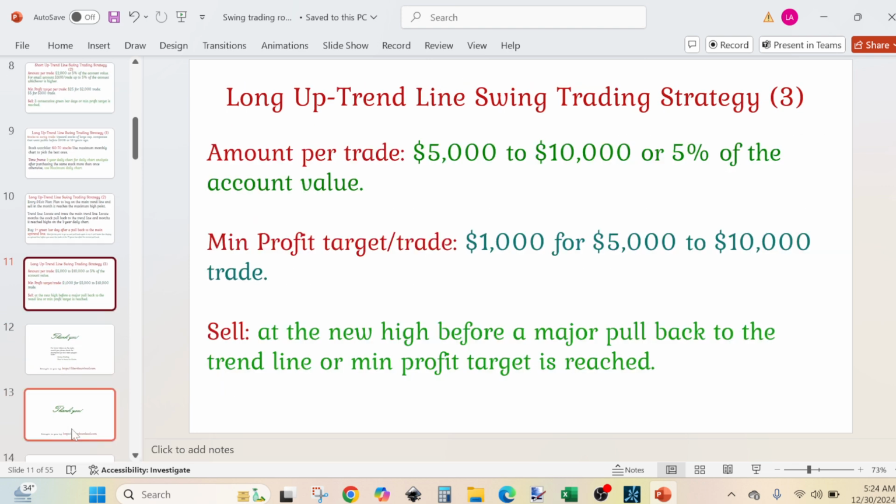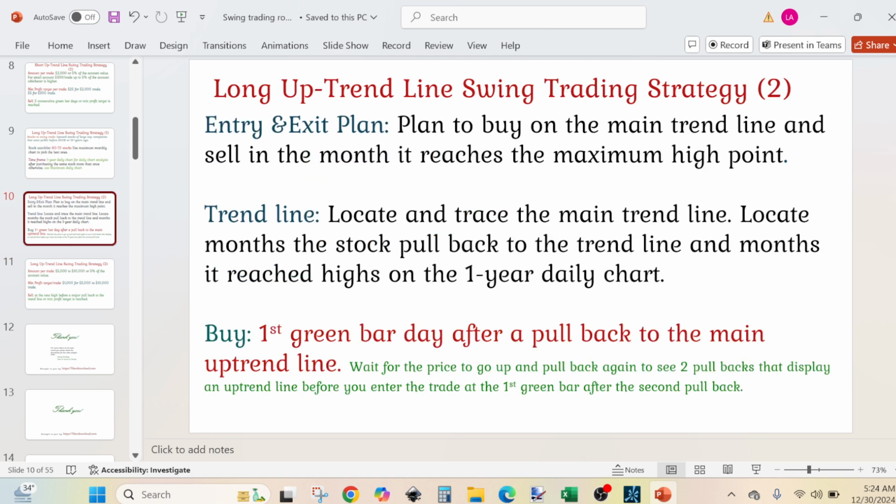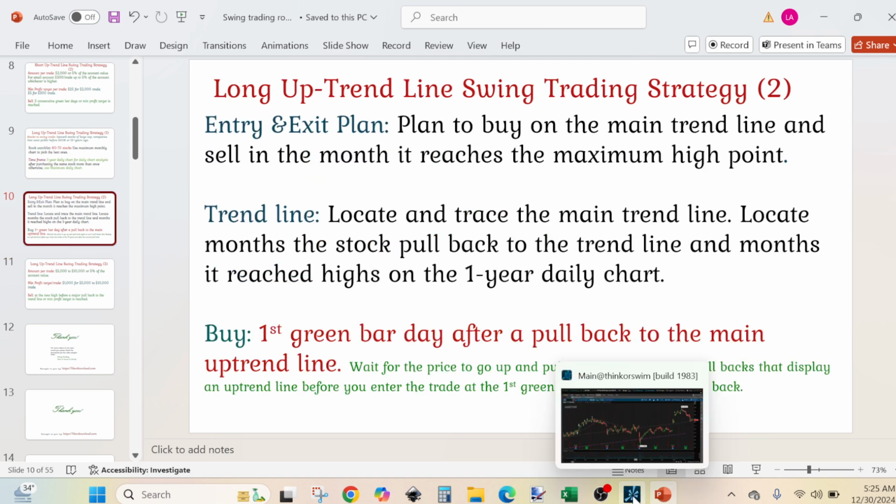And because it can take a while for the price to come to that line, we allocate a higher amount per trade and set a higher profit target, and automatically we will trade less, but we like to give it a try and see how it goes.